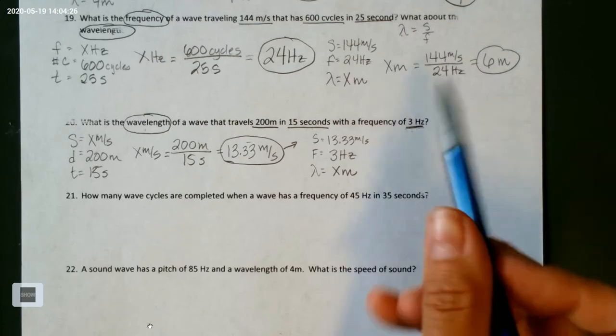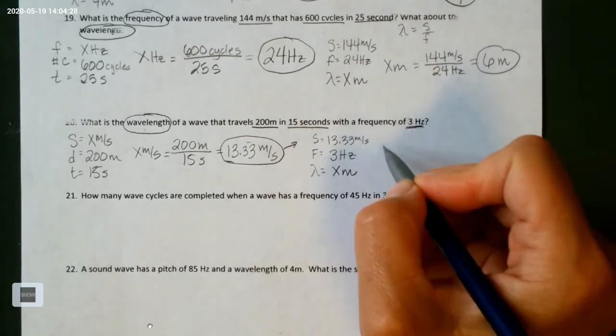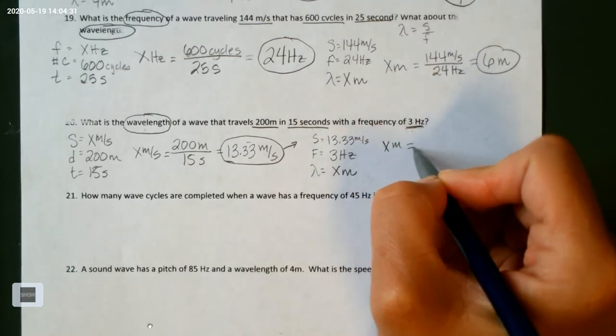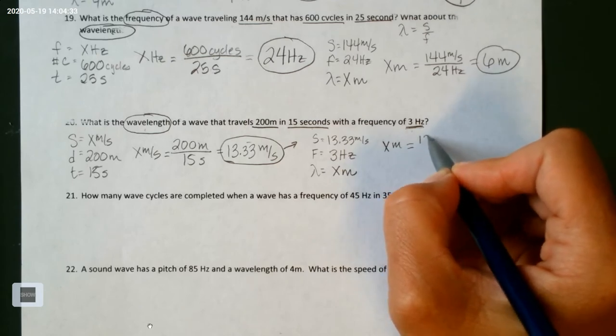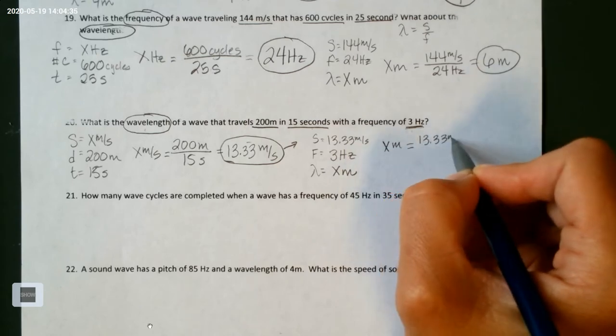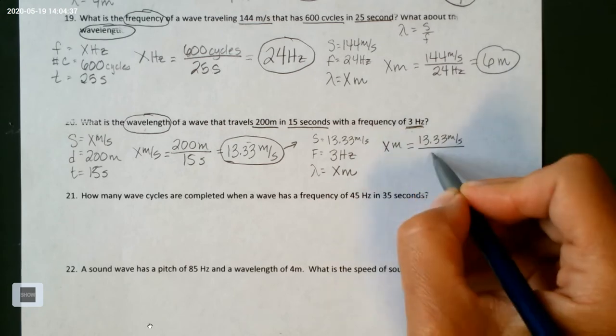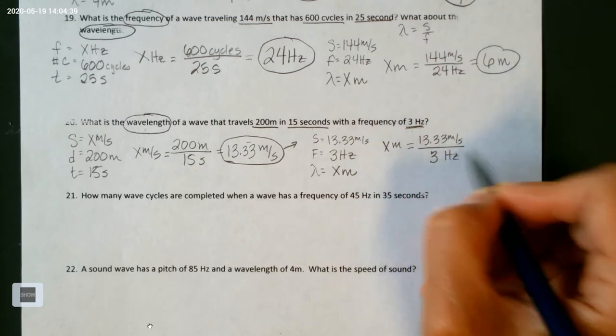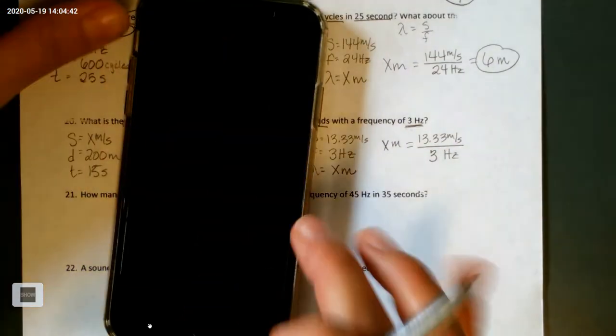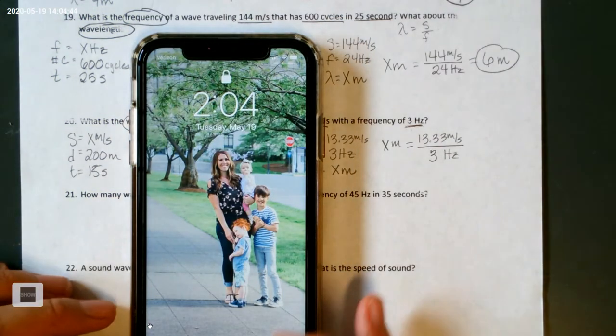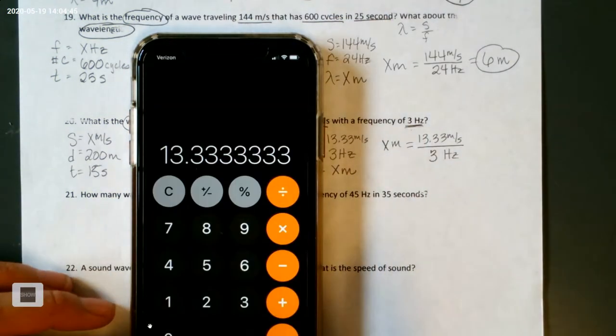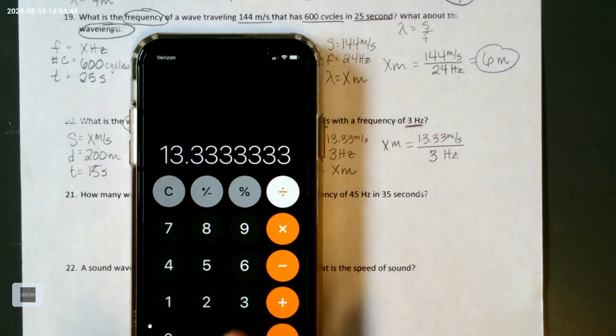And now we're going to plug it into this same equation we used up here. So X meters equals my speed on top, so 13.33 meters per second, and we're going to divide that by 3 hertz. So when I plug it in, I'll just straight divide that by 3.